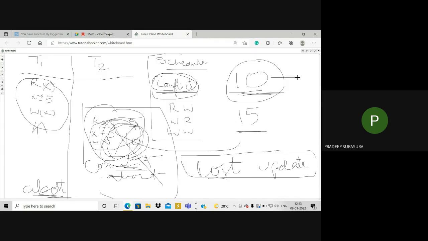So I am using a minus operation. I got x equal to 5 after doing x minus 5 and write it. Here when I read, I am not reading 15, I am reading 5. Now if I again do x minus 5, then I will get x equal to 0.